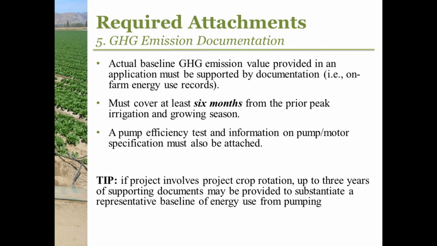And you need a pump efficiency test, as well as the information on the pump and motor specifications, so how many horsepower it is, for example. And here's a tip for you: if projects involve crop rotation, up to 3 years of supporting documentation may be provided to substantiate and represent the baseline for energy use for pumping.